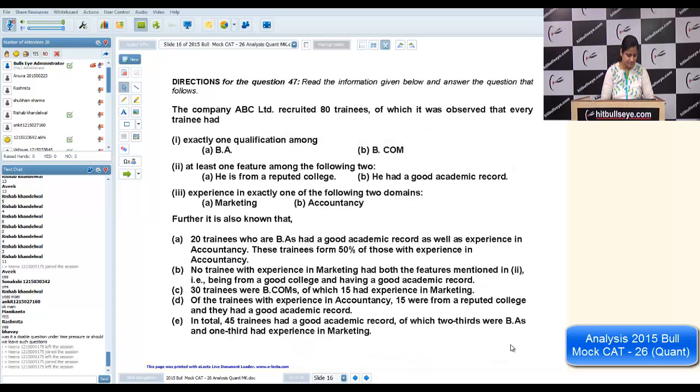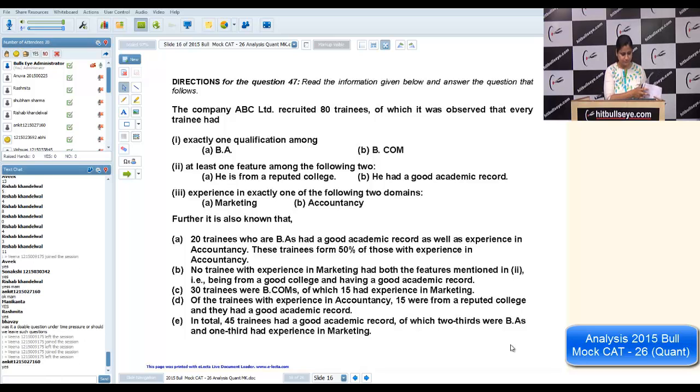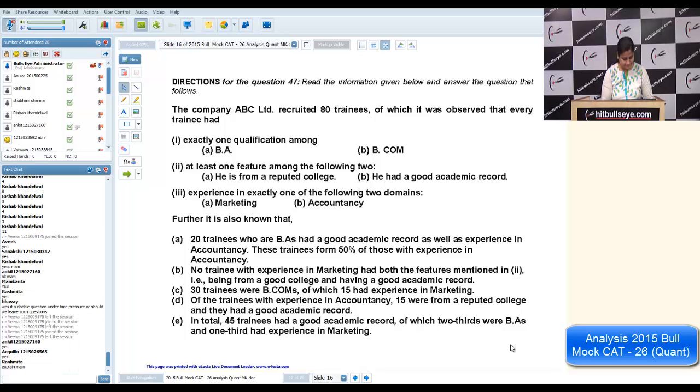Any problem in the question number 47 set? It is a question of Venn diagram actually.